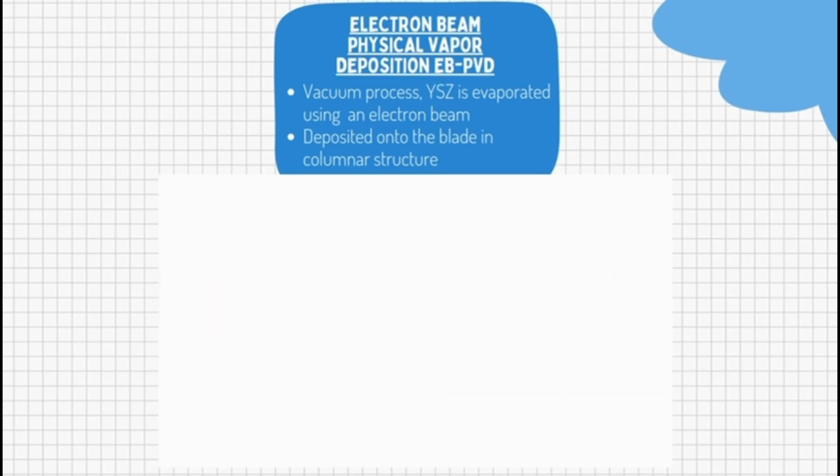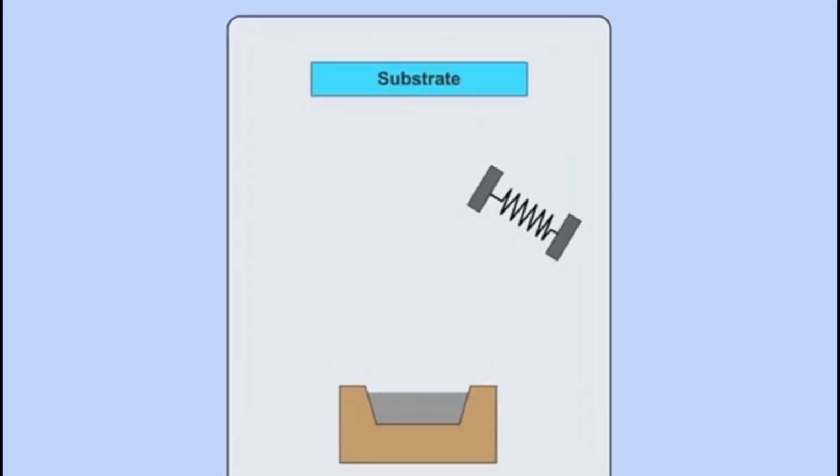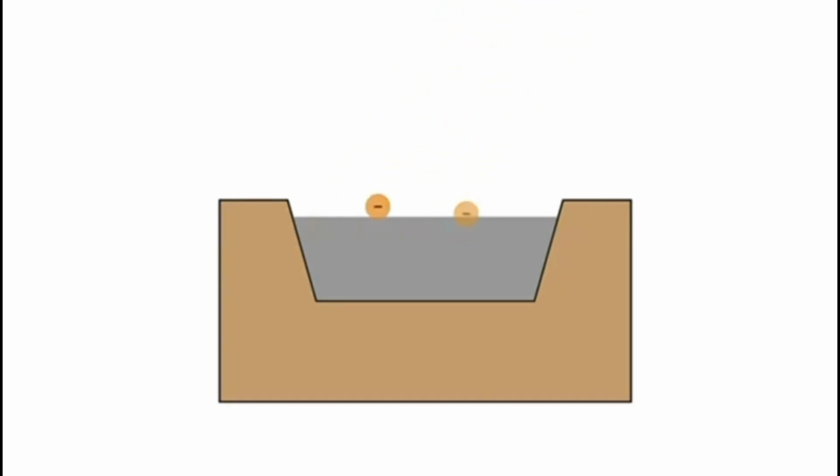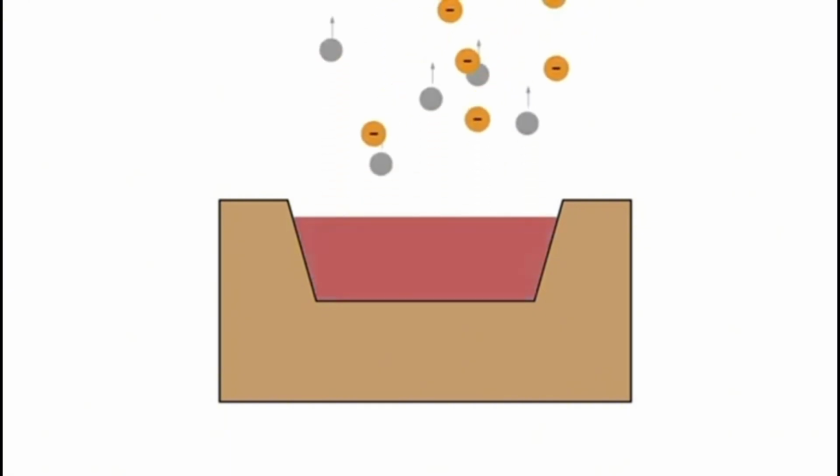The vaporized material travels through the vacuum chamber towards the substrate. Finally, the vapor condenses on the substrate, forming a thin, uniform coating, and the process is carefully controlled to achieve the desired thickness and microstructure.